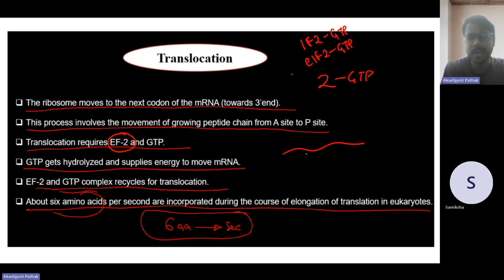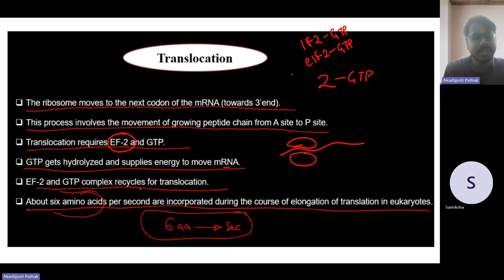This ribosome remains stationary, but the mRNA moves so that the ribosome can read the further codons in the open reading frame.